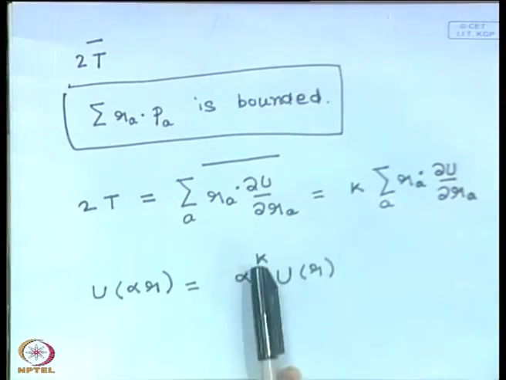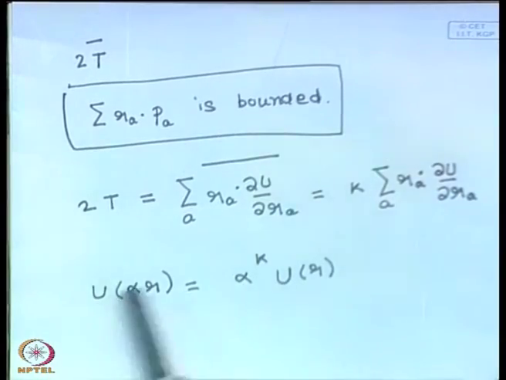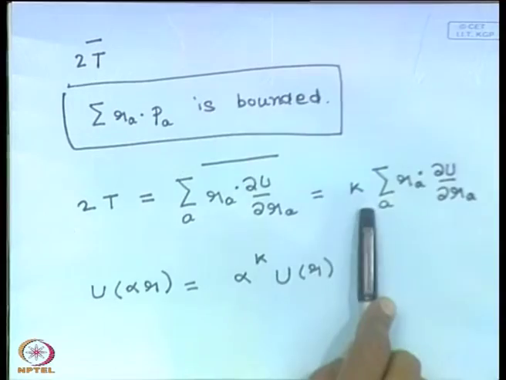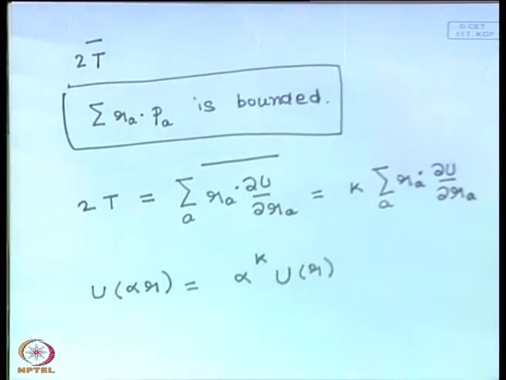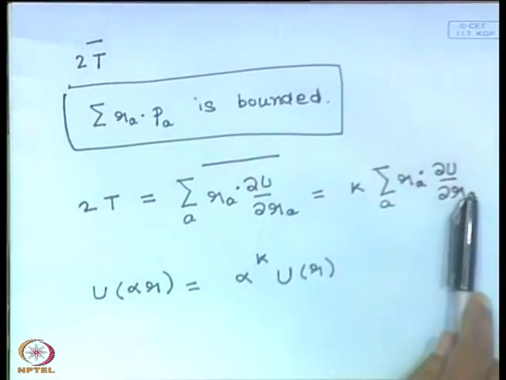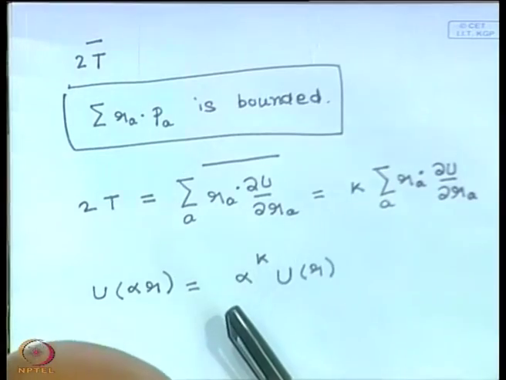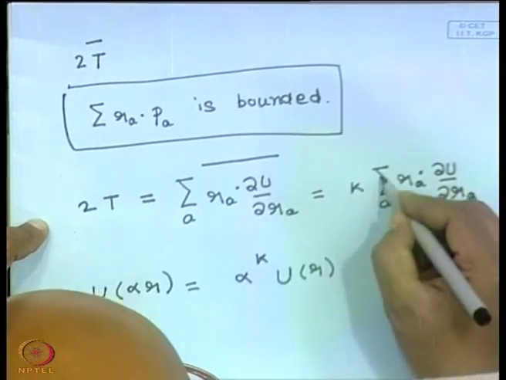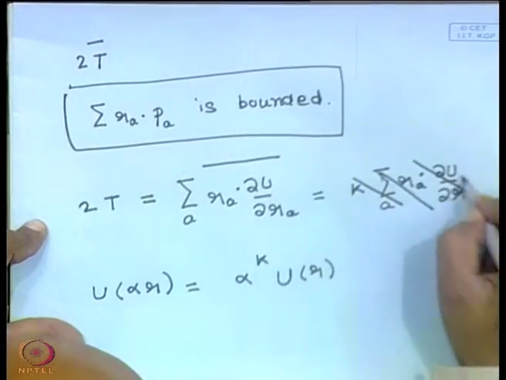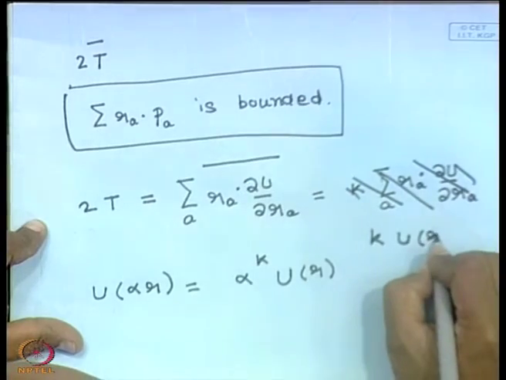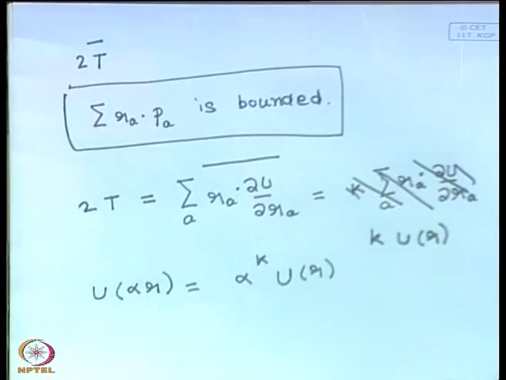So, if U is r to the power k, then this holds, and if you differentiate it with respect to r and multiply with r again, you will just pick up a factor of k outside. Okay. So, this is a homogeneous function of order k. So, this is going to just be k times U of r. Okay.